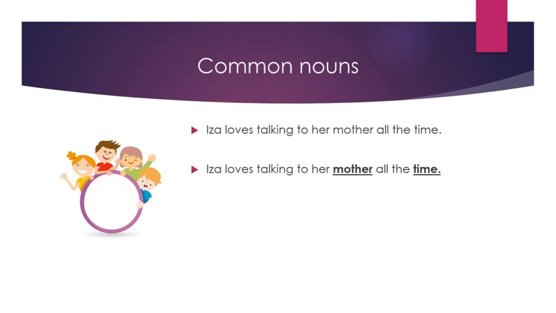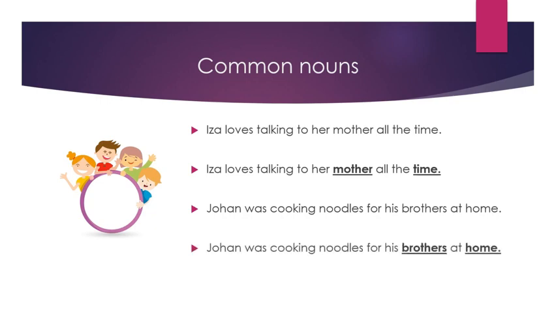All right, let's look at another example. Johan was cooking noodles for his brothers at home. Let's look at what the common nouns in this sentence are. There are actually two here. Let me see if you can identify them. Have you identified the common nouns in this sentence? Let's look at it. Johan was cooking noodles for his brothers at home.